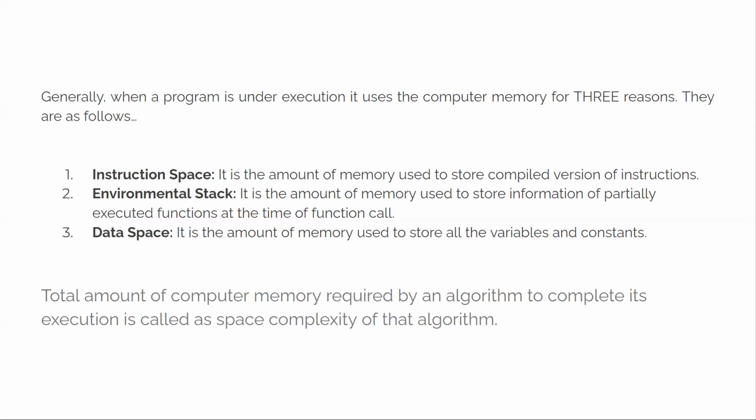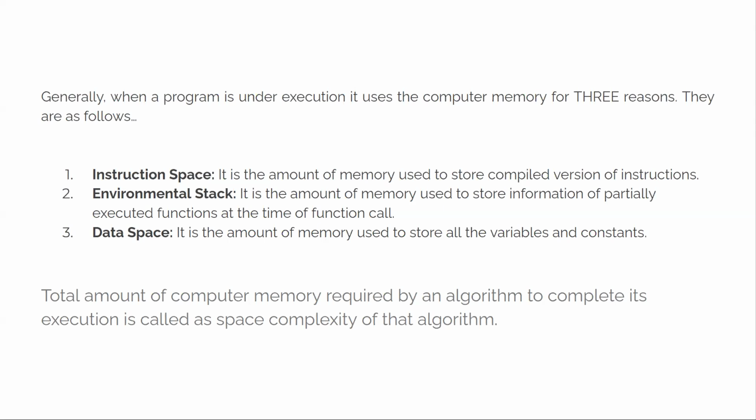So generally, when a program is under execution, it uses the computer memory for three reasons. They are as follows. First, instruction space. It's the amount of memory used to store the complete compiled version of instructions.